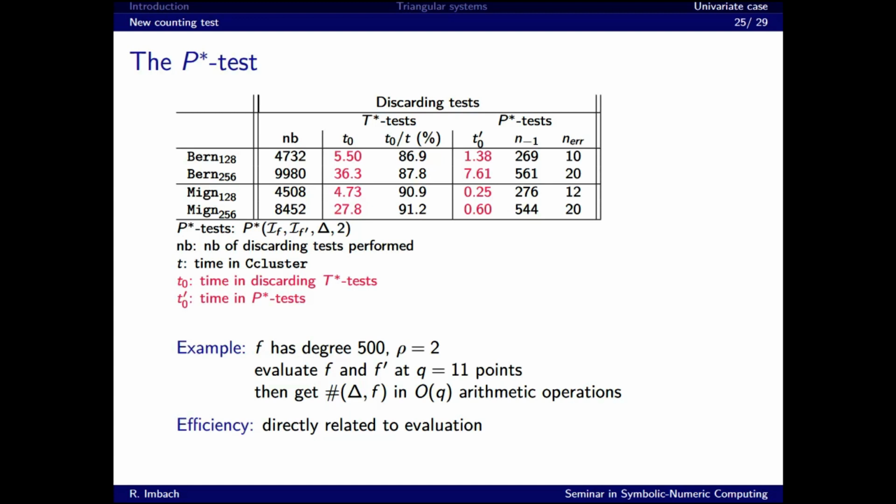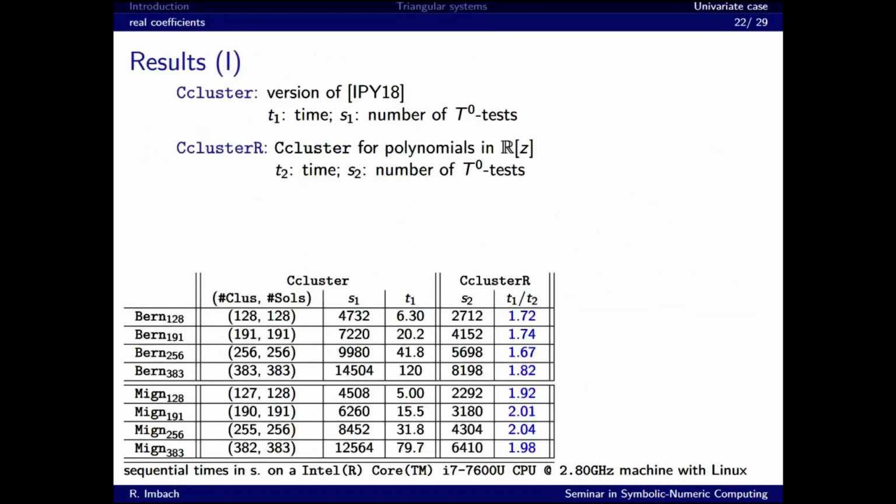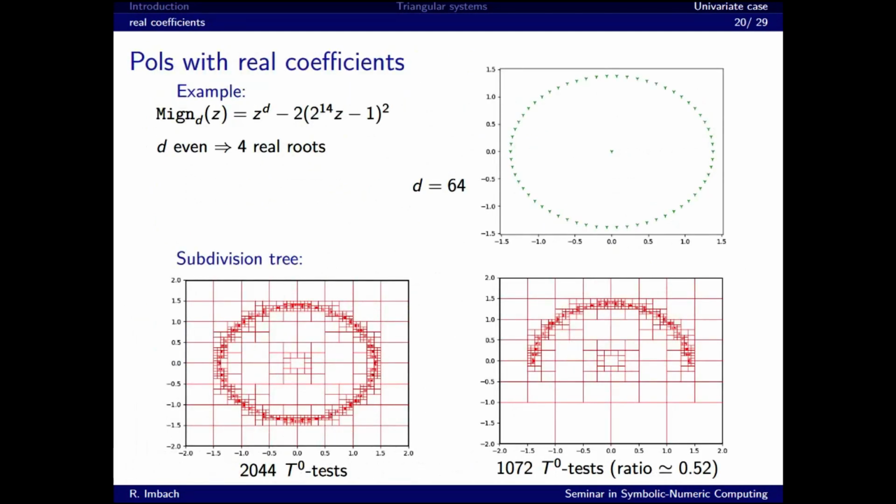And I report here the time spent in the test. So in both cases, the improvement in terms of time is very interesting. But in particular for the Mignotte polynomial, this is actually because the Mignotte polynomial, let me just show again its definition, I'm sorry for this, is very sparse, it has only 4 non-zero coefficients, so it can be evaluated very fast.